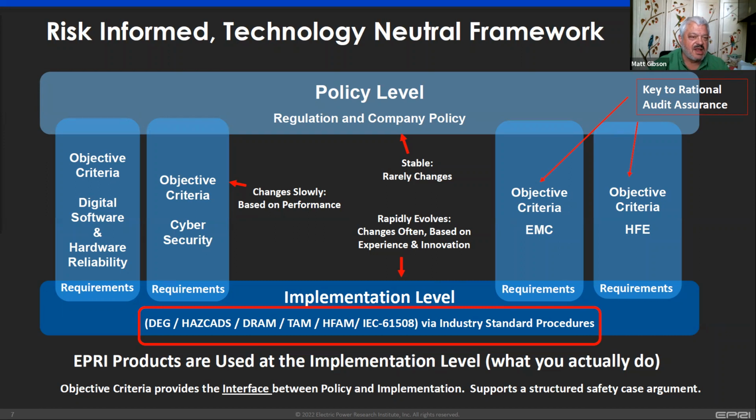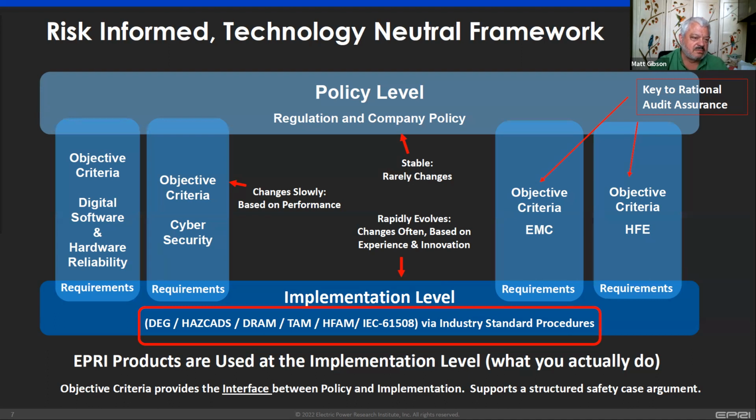Sometimes that happens, but let's say that your policy and regulation set true policy and regulatory requirements, and then objective criteria, which can also be from a regulatory agency, but can also be developed by other folks, connect that policy to an implementation level process. And these objective criteria are going to come into play because those are the ways you're going to judge a performance-based process for whether it works or not. That's going to be one of the challenges you have with performance-based, is how to audit it, how to know if you're getting the right thing, and how you're doing assurance activities.